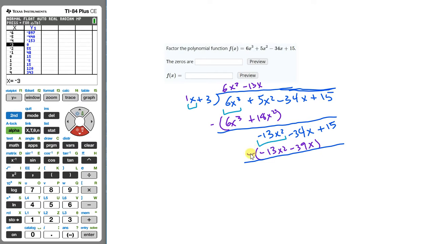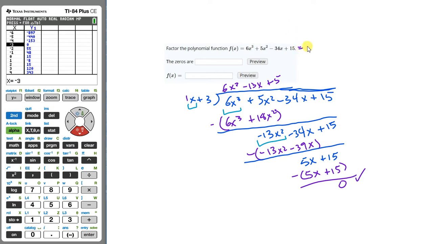Negative 34 of these guys plus 39 leaves me with 5 of them. How do I make an x look like a 5x? I need to multiply by a positive 5. 5 times 1 is 5x, plus 15. And I can see right away that it's something minus itself, so the result is 0. So we did get the remainder 0, which means this was indeed a factor.